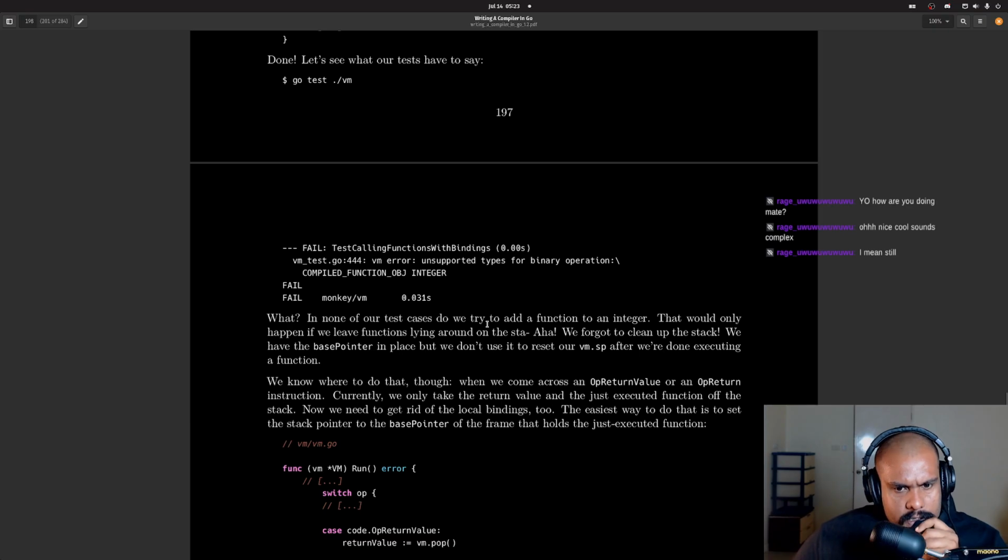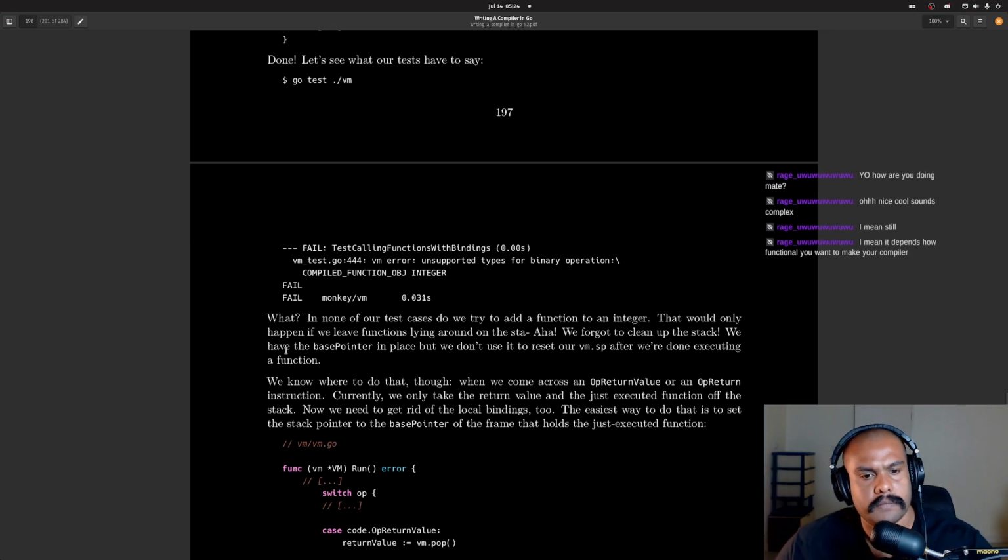In none of our test cases do we try to add a function to an integer. That would only happen if we leave functions lying around on the stack. We have the base pointer in place, but we don't... Yeah, that is actually a good point.